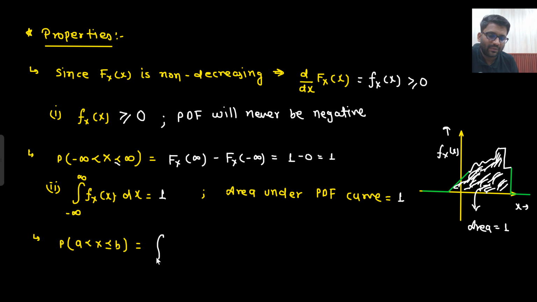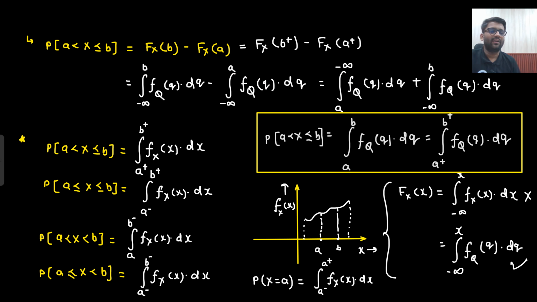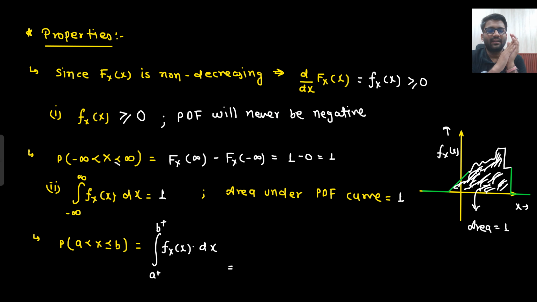And how do you write down this particular thing? You write it as the integral from a to b of fx of x dx. So this slide and this particular slide both are very important. So for PDF, what did you understand? It can never be negative and the area under the curve should be 1. That's it. Only 2 conditions. For CDF, what was the condition?